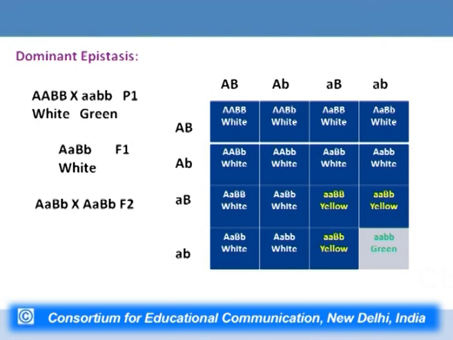And as can be seen from the given table, 3 types of phenotypes result, which can be either white or yellow or green. Yellow individuals result only when there is at least one copy of dominant B along with recessive homozygous condition at A locus, small a, small a.